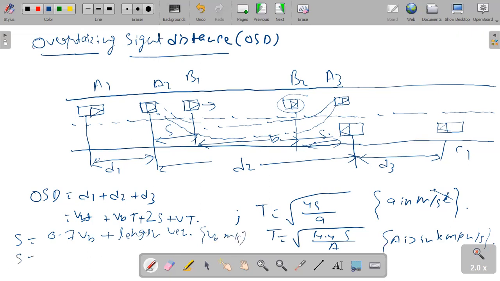And if vb is in kilometer per hour, then this formula is modified into 0.2 vb plus length of vehicle, where vb is in kilometer per hour. So this is our main formula of OSD, overtaking sight distance.